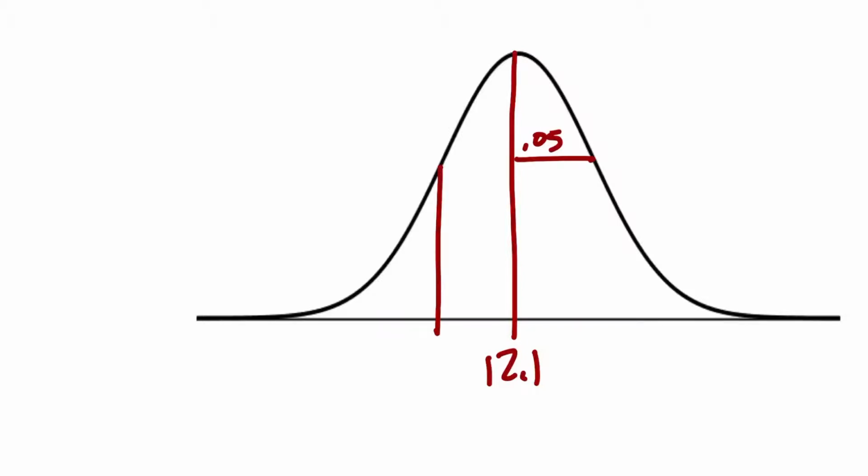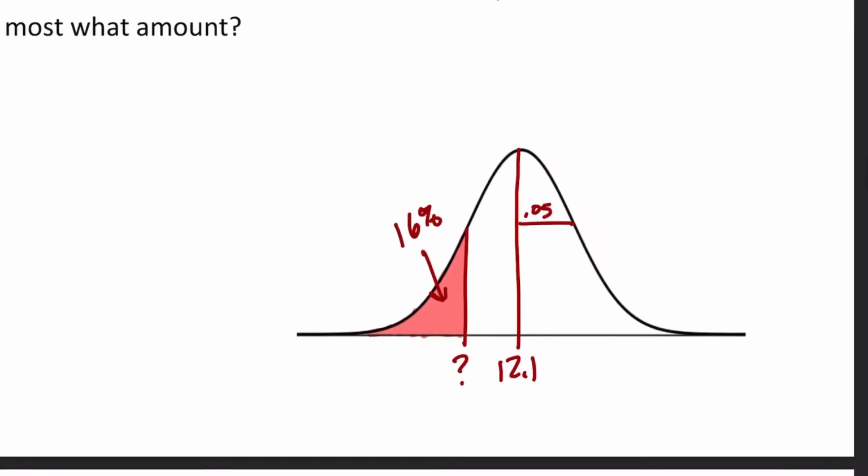And then shade the lowest 16%. So it'd be this lowest part, so the part that is the bottom 16%. And then I'm going to label this as 16%. I know that, but I do not know my 12.1.